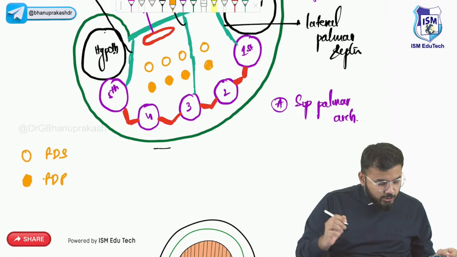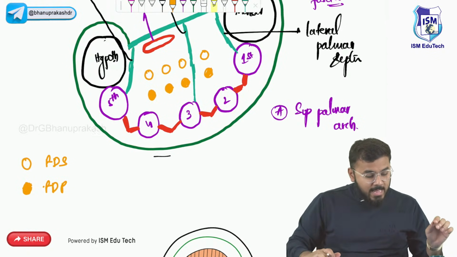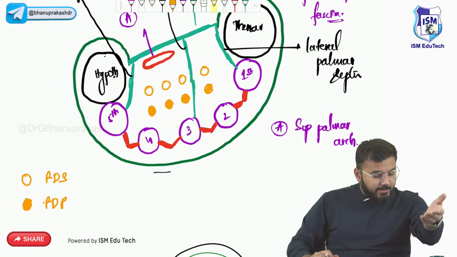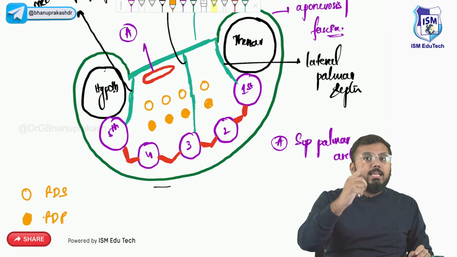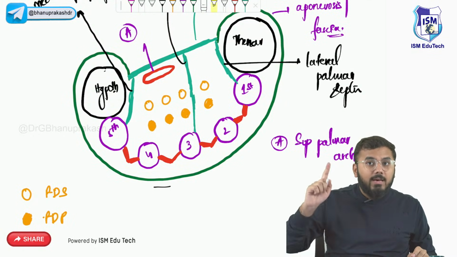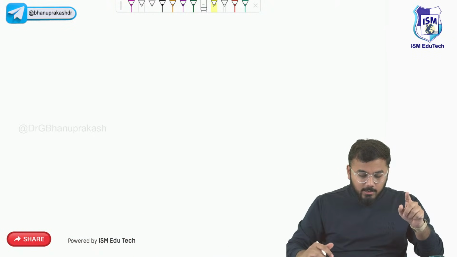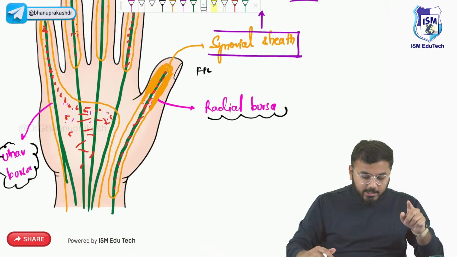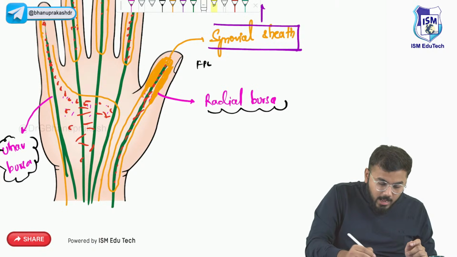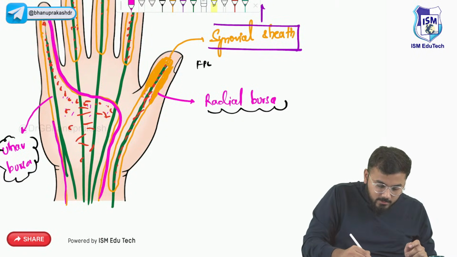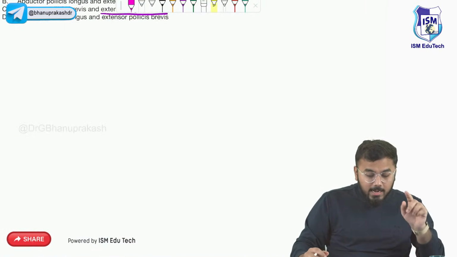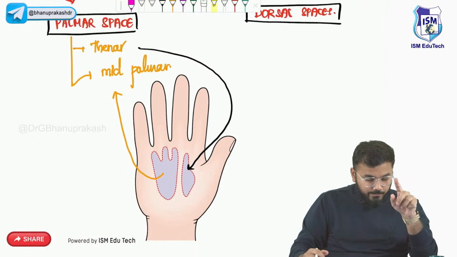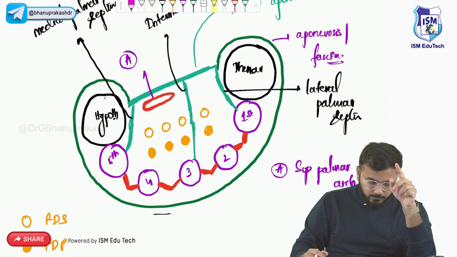So this is flexor digitorum profundus. Previously I told you flexor digitorum superficialis and profundus are completely covered by a bursa. Remember that? Look at the previous picture. They are covered by a bursa like this. What is this bursa? Ulnar bursa, right? Or radial bursa?